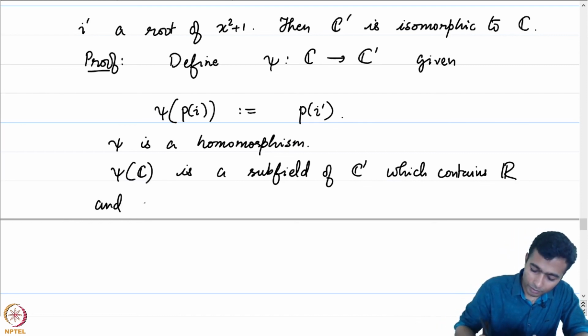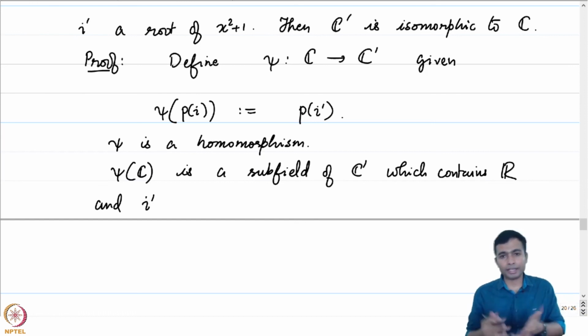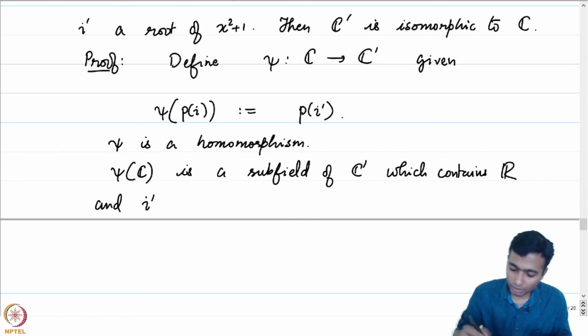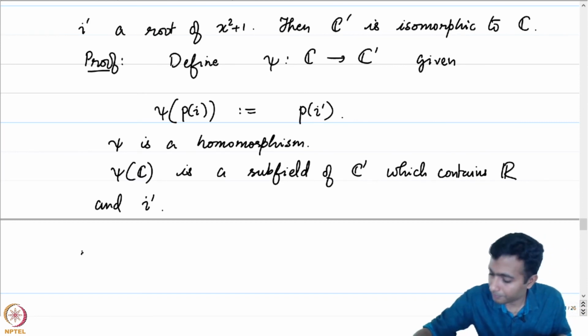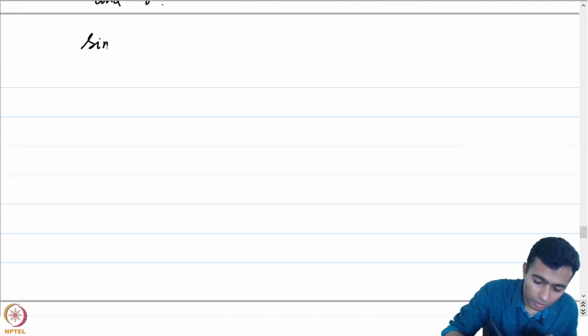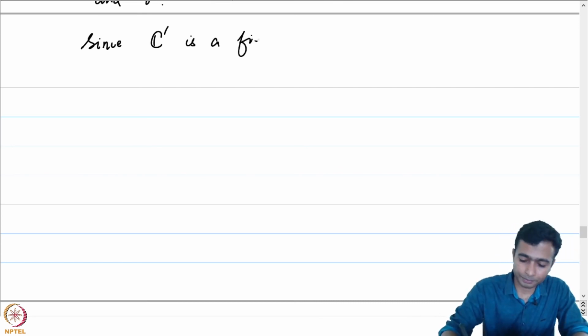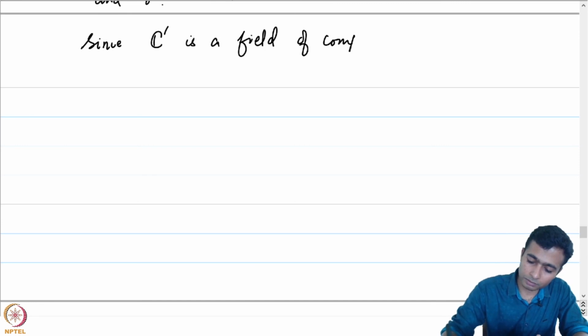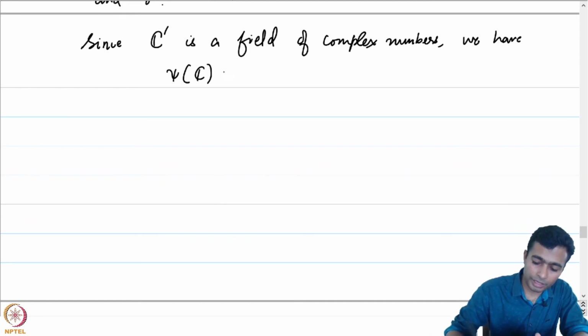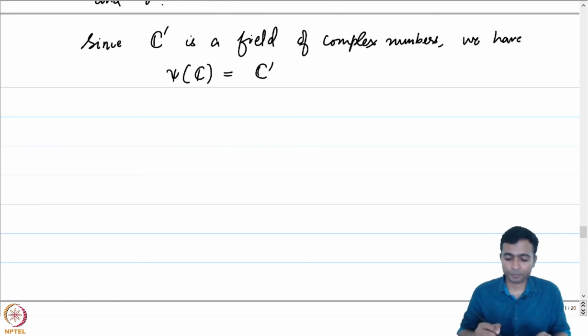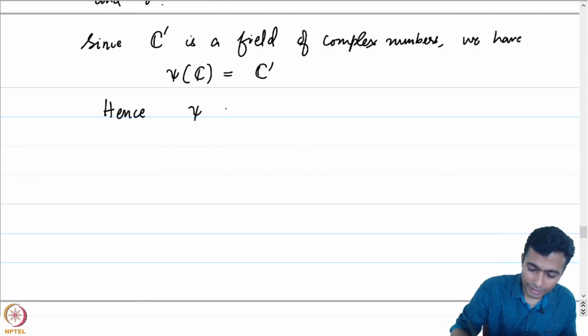It also contains i prime because psi of i is i prime by the very definition of psi. And what can we say about such a subfield? Since C prime is a field of complex numbers, this forces psi of C to be the entire C prime, and hence psi is a field isomorphism.